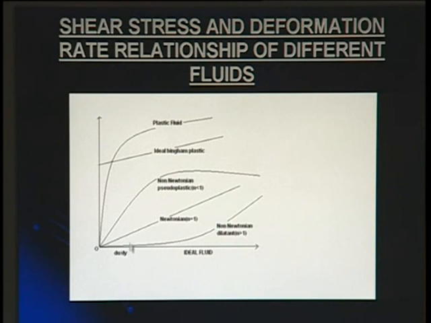So, in this figure what we have learned is the variation of tau versus du over dy for different types of fluids like Newtonian fluid, non-Newtonian fluid, plastic and ideal Bingham plastic.